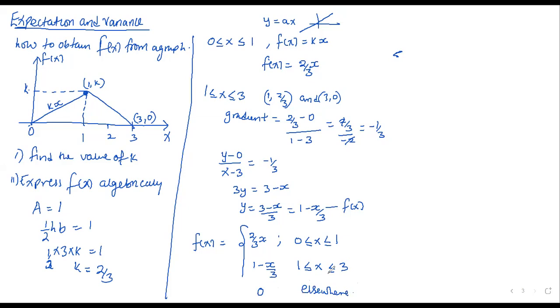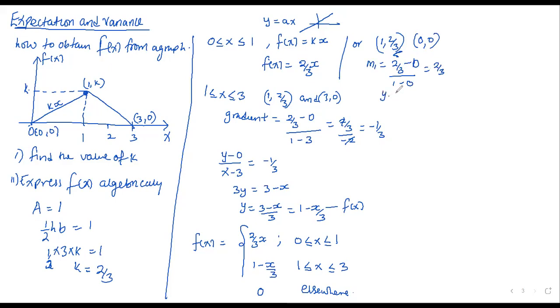So that's how we can deduce such an equation or function from the graph. Now, according to that number, you also had the same. You can even use a graph throughout. For example, here in the first case, if I had used 1, 2 over 3 and a point 0, 0, the gradient m1 would be 2 over 3 minus 0 over 1 minus 0, which is 2 over 3.